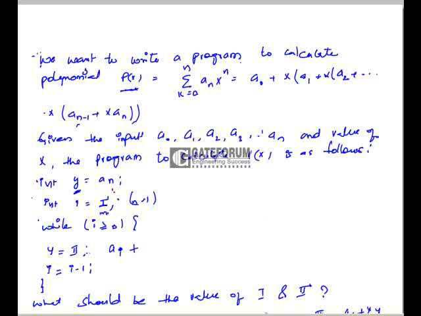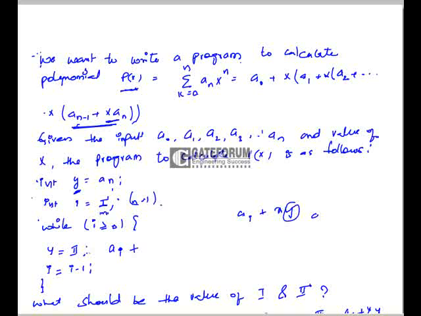We have assigned i as n minus 1. So this will be after this x, in order to generate this term, a i plus x into y.